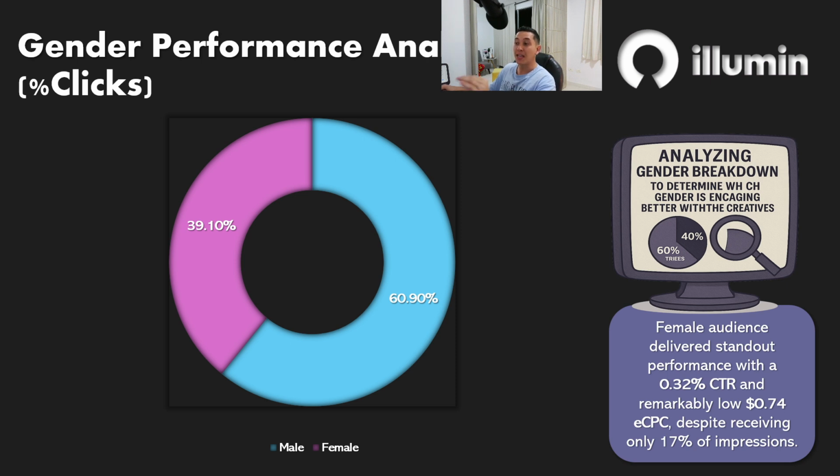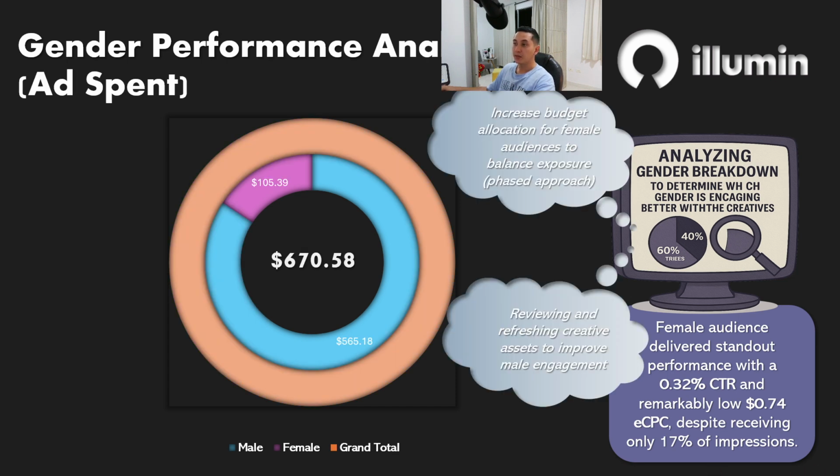Let's look at how this impacts our cost efficiency by audience. Translating the data to budget impact makes the opportunity even clearer, and I hope you can see this as well. Let me know if you have questions so I can answer them before moving into the next. As you can see here, female audiences deliver clicks at $0.74 each versus $2.56 for males.